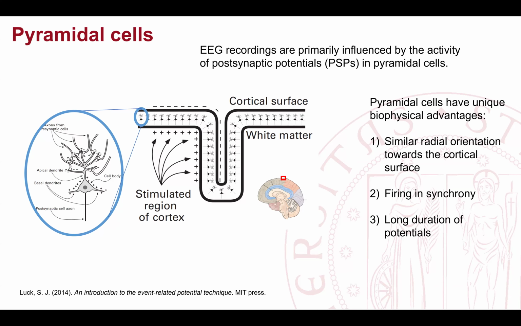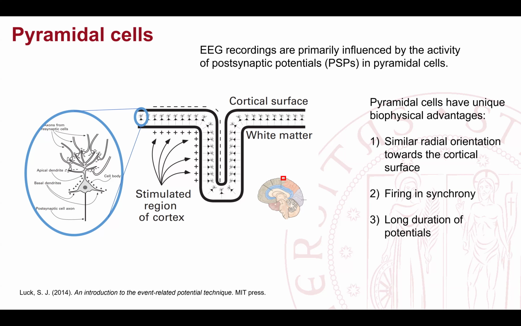The reason why they are mostly responsible for the EEG signal generation, as we'll see better in the next slides, is that they have a very interesting characteristic of firing in synchrony. They are very synchronous neurons, and so the overall activity of all these neurons together is what generates the EEG signal.